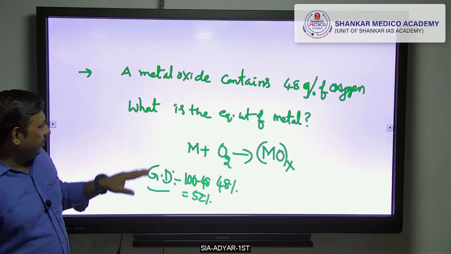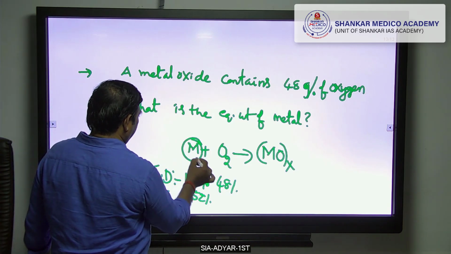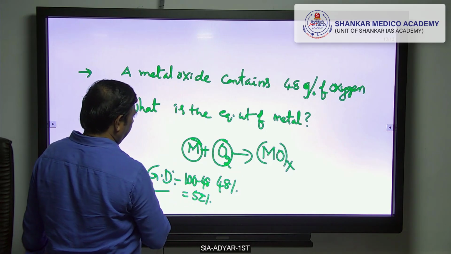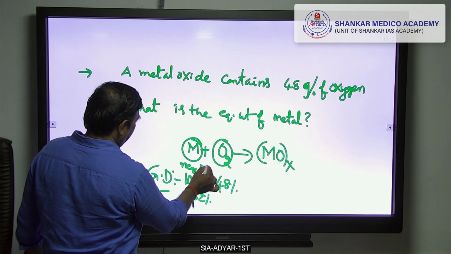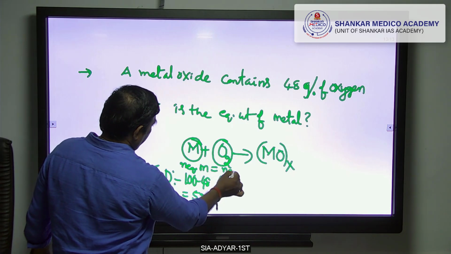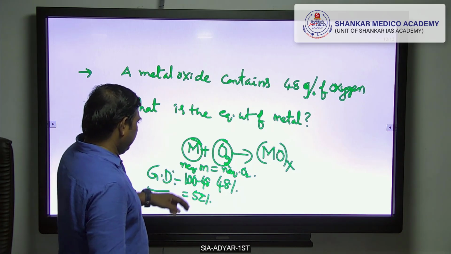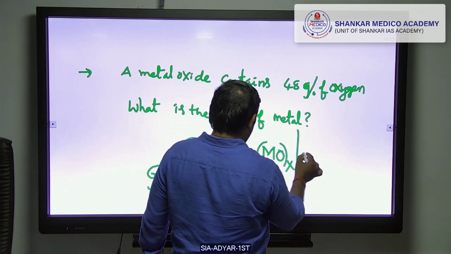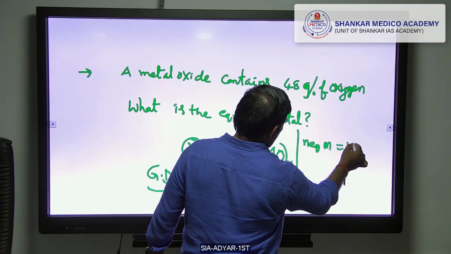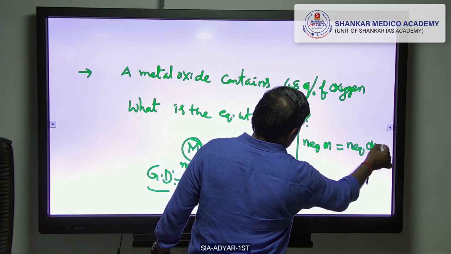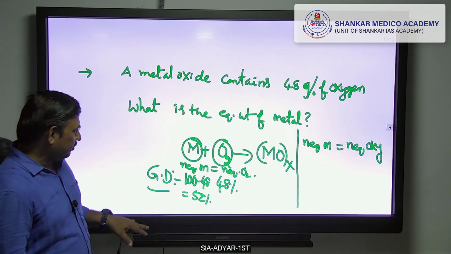So according to the equivalent weight concept, the number of equivalents of metal is equal to the number of equivalents of oxygen. That is the formula. We don't need any balanced equation.